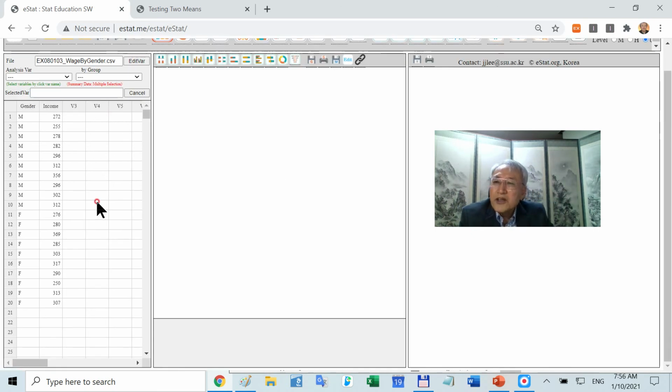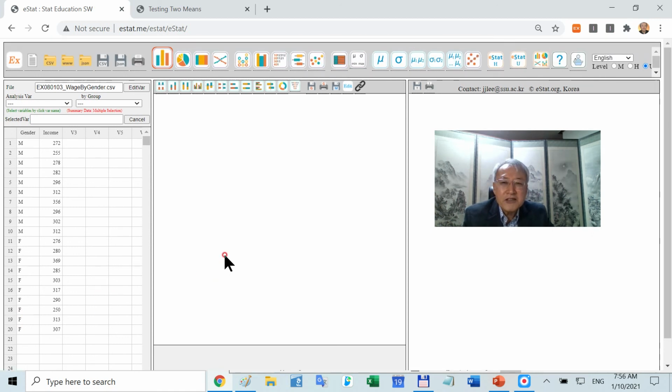Here's the format of data input in case of testing hypothesis of two populations. You enter income and you create a column on gender. That's a typical data input in case of testing hypothesis of two population means.